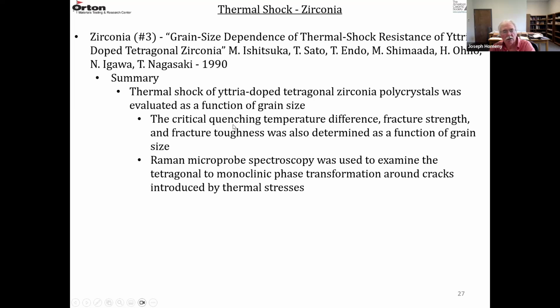So the critical quenching temperature difference, the fracture strength, and the fracture toughness were measured as a function of grain size. And then they used a Raman microprobe to examine how much tetragonal or monoclinic phase was present around the different cracks introduced by the thermal stresses. So they tried to monitor the phase content of tetragonal and monoclinic zirconia around the crack tips.